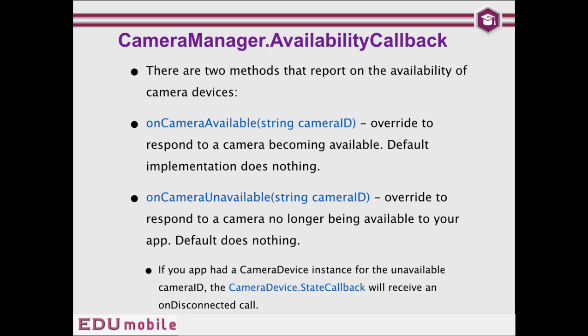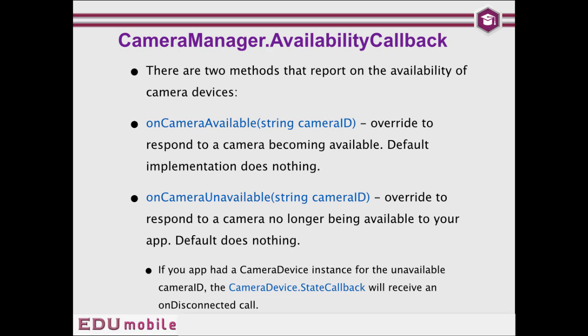You would override this to respond to a camera becoming available if it has not been available to your app before. The default, of course, doesn't do anything. And onCameraUnavailable, again with the camera ID as a string, you would override this method to respond to a camera no longer being available. Perhaps another app has captured the camera. The default, again, does nothing.